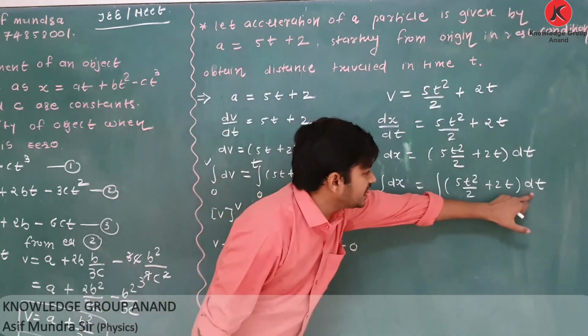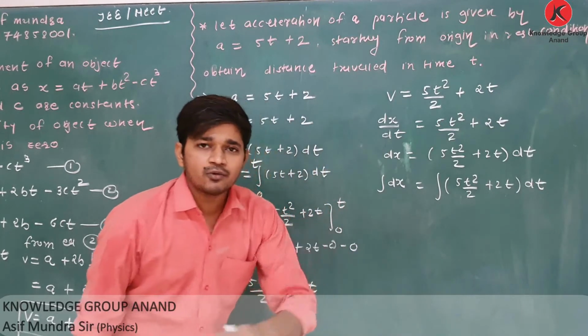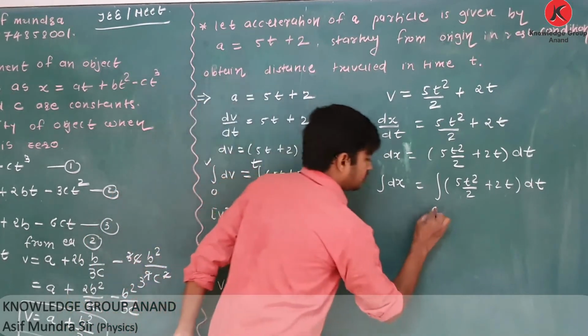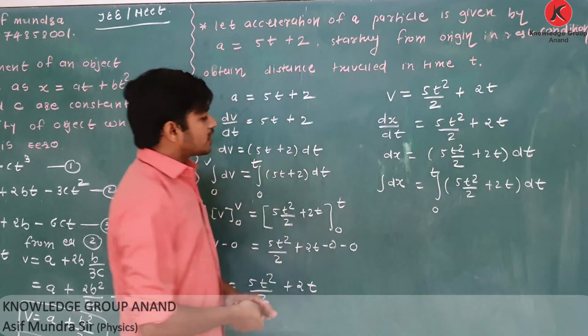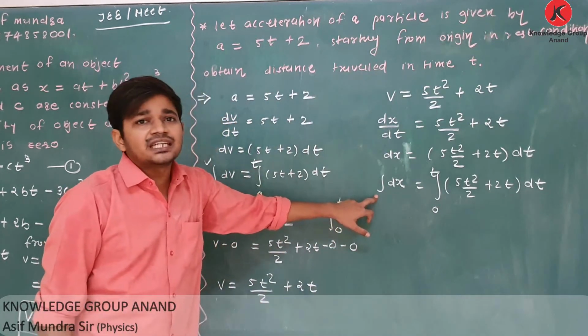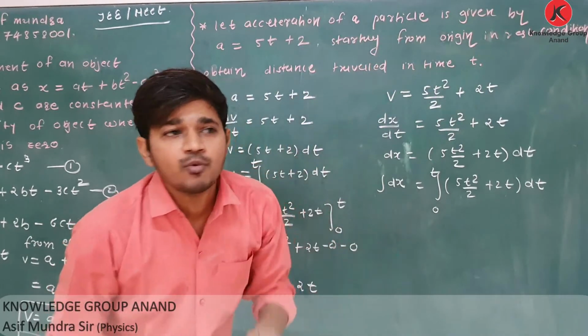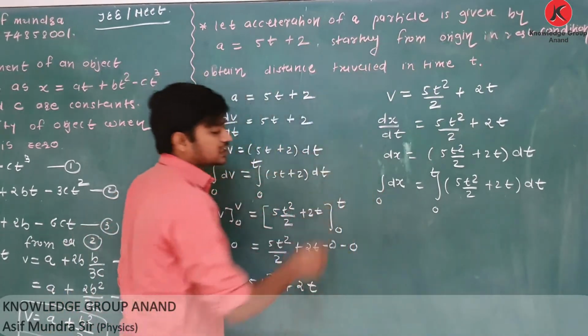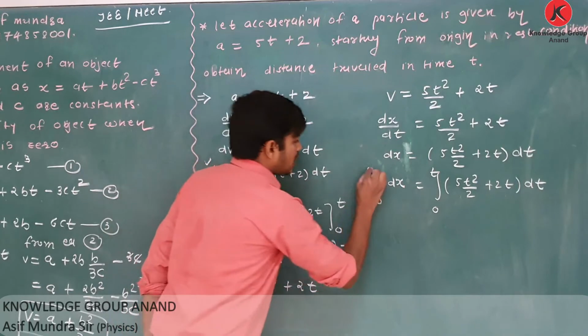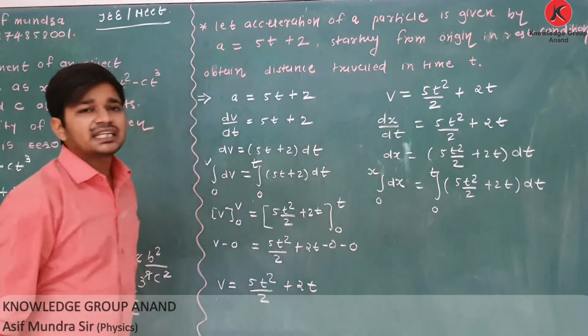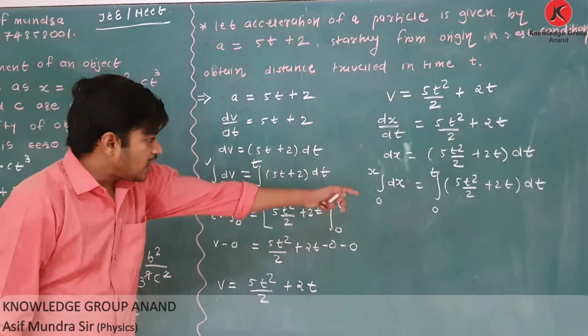Again, this side integration is with respect to time. Then what to take limit of time? It is 0 to t. Here, what to take limit of distance? Starting from origin means initial distance is 0, and you have to find distance traveled in time t, that is x. Okay, so now integrate this.